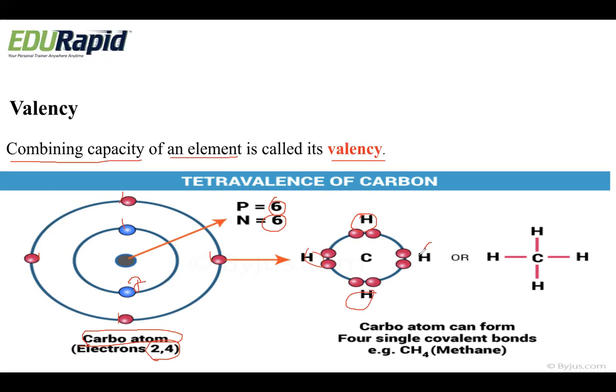What is the formula for methane? It is CH4. A single carbon can combine with 4 hydrogen atoms, so the combining capacity of carbon is 4. In other words, the valency of carbon is 4. In short, the combining capacity of an element is called valency.